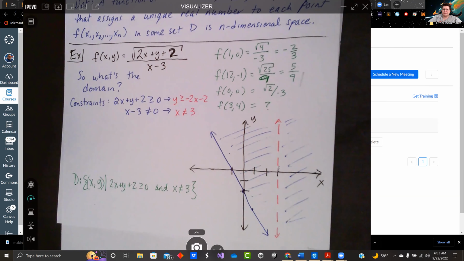We should have something else that shows this, and we'll see that on the next problem. I didn't want to graph this one in 3D. When we write the domain, this is how we write it: we say that x and y are the variables, put a vertical line, and then we list the constraints. They show what the requirements are for it.